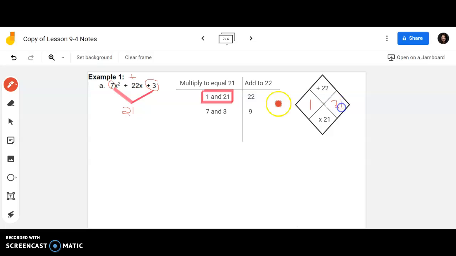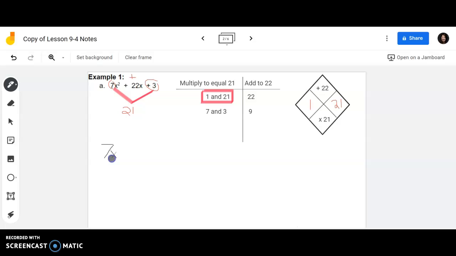That's pretty similar to what we did last week, but the next part is more challenging. So now we're going to take this original trinomial, 7x squared plus 22x plus 3, and we're going to rewrite it, but we're not going to rewrite the 22x part.